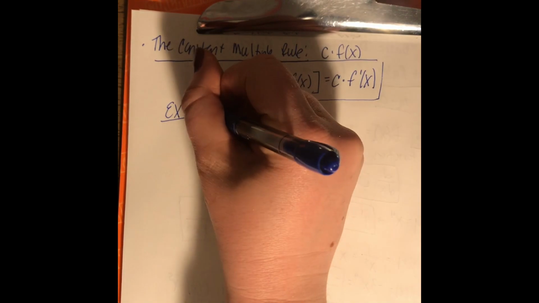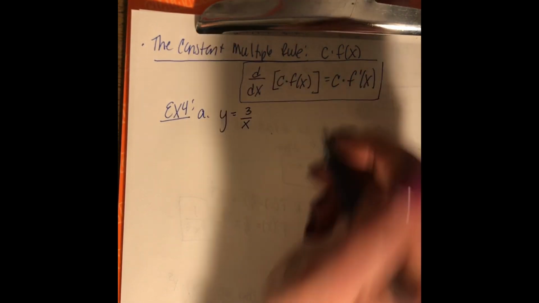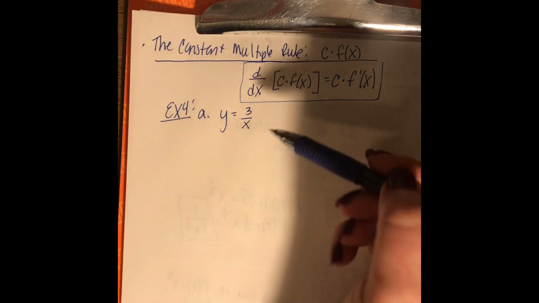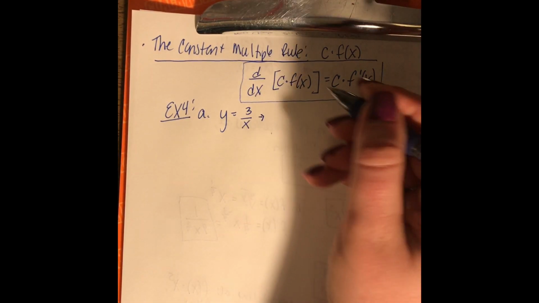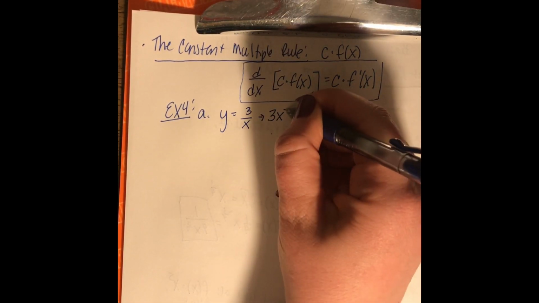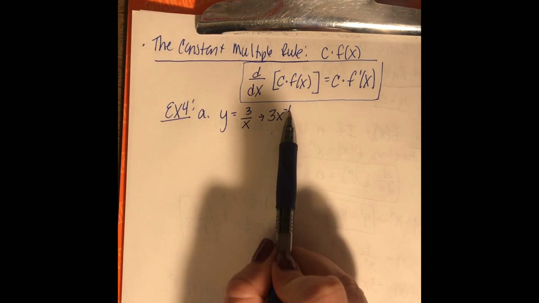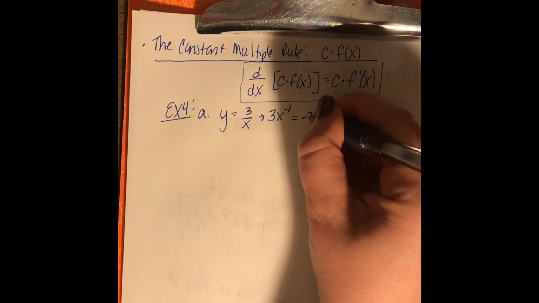Our first example, y is equal to 3 over x. Again, our first thing is to make it an x to the power. We're going to make sure that there's no denominators. So we have 3x to the power of -1. Now I'm going to use the power rule. I'm going to multiply this -1 out in front. So 3 times -1 is -3.